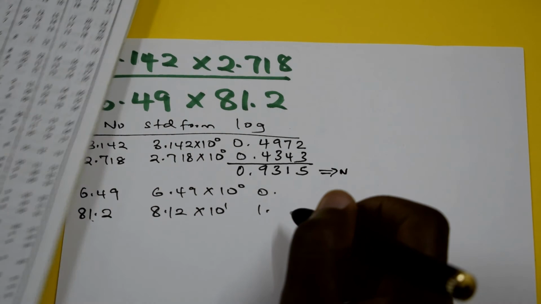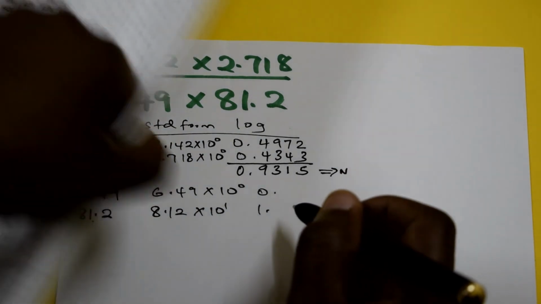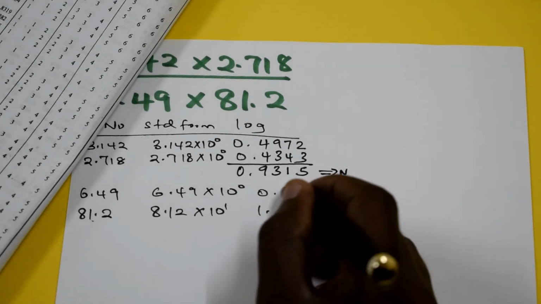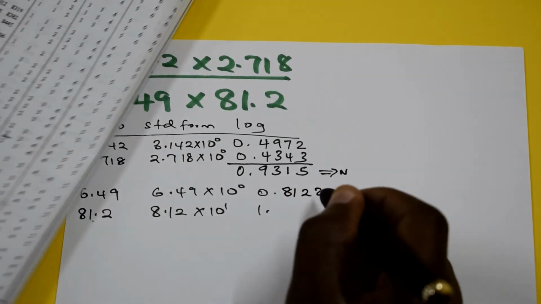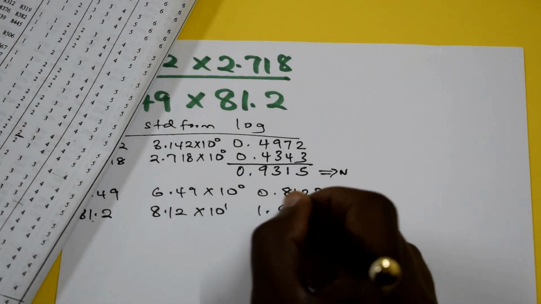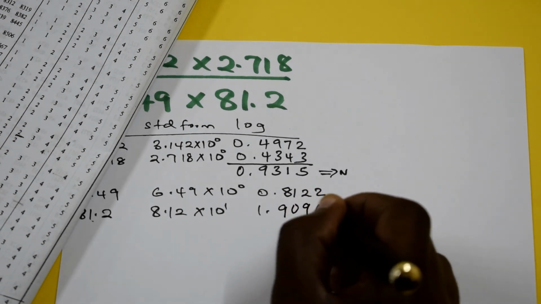So we also work for the denominator: 6.49 gives 0.8122, and 8.12, we get 0.9096, with 1 point.